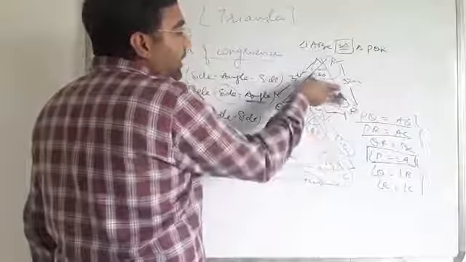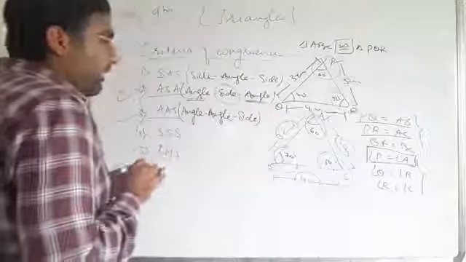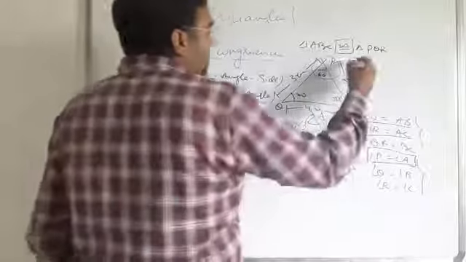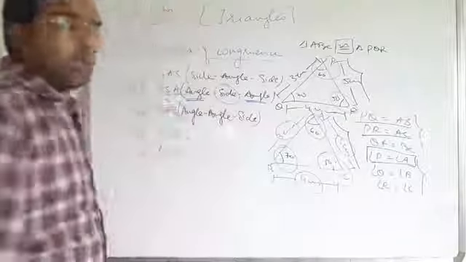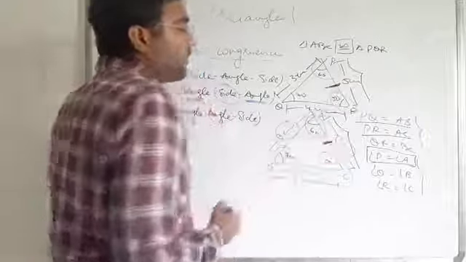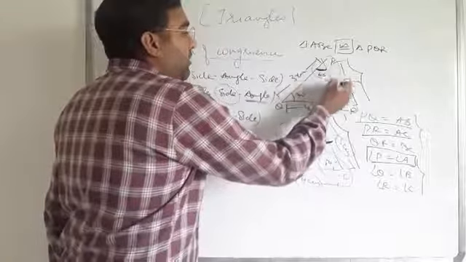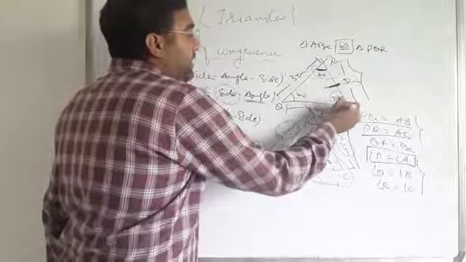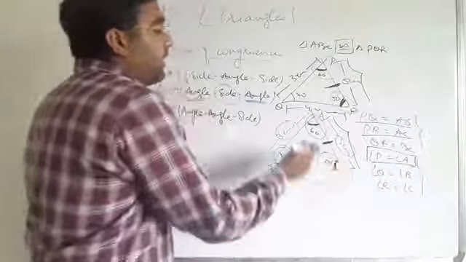Then we must take side PR and AC, which are equal to each other. This angle, with this side and with this angle, we write angle side angle.